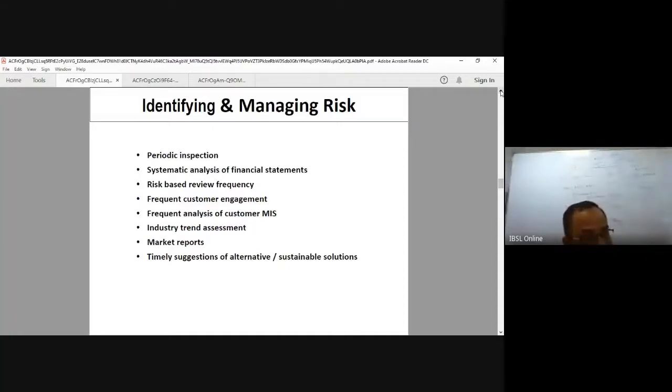While you are talking to the customer, or to any person in the same industry, you will get the pulse of it. That knowledge is important, right? The customer's MIS, management information given by the customer, analyzing it is important.